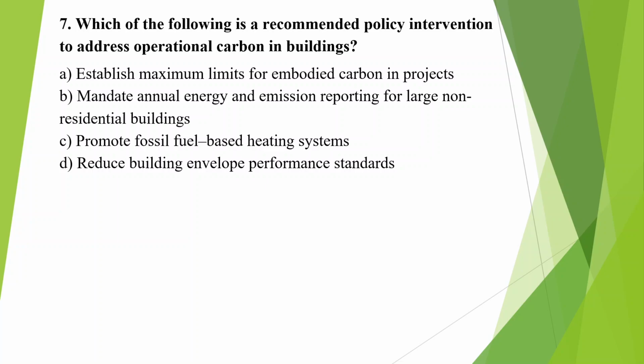This is the recommended policy intervention to address the operational carbon in buildings because we have studied in our week 3 lecture that policies recommend annual measurement and reporting of the annual energy use and emissions for large non-residential buildings to improve carbon management. So it is being discussed in option B. So it is the correct answer and all of you are able to recall that. And fine. I'm happy to know that.